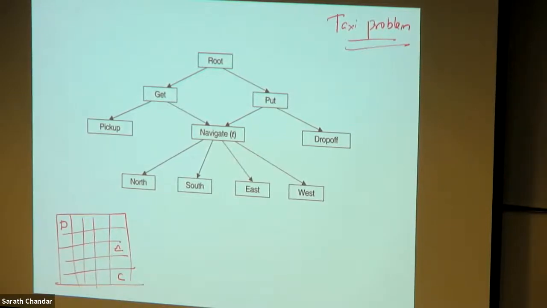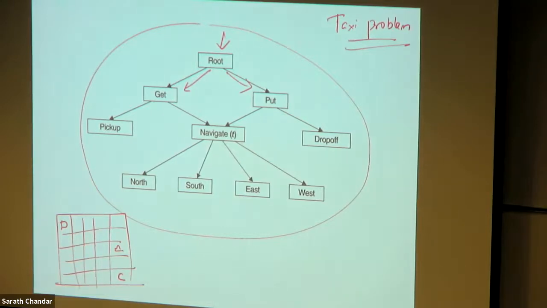Now here is a bunch of tasks and their hierarchy. The root is the problem that I want to solve. There are two subtasks, get and put. Get is about going and picking up the customer. This requires two subtasks again, a pickup subtask and also navigation to point T. You can see navigate T is a parameterized subtask.